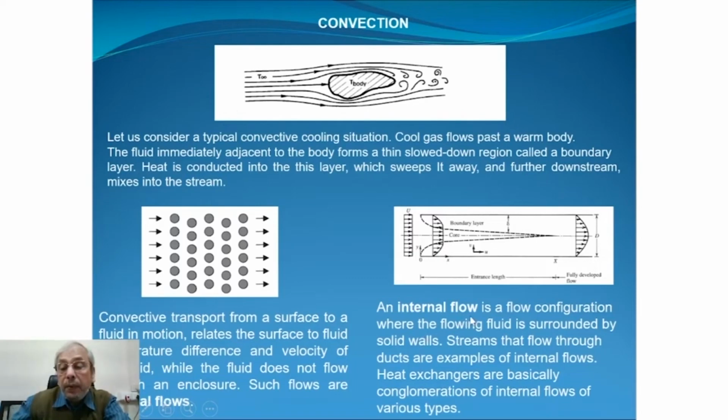An internal flow is a flow configuration where the flowing fluid is surrounded by confining walls, maybe circular duct, maybe rectangular duct, maybe triangular duct. Now, streams that flow through duct are examples of internal flows.